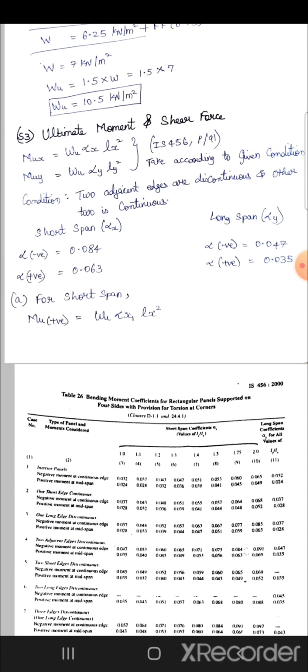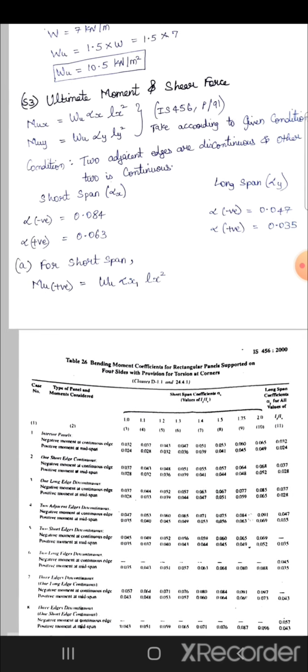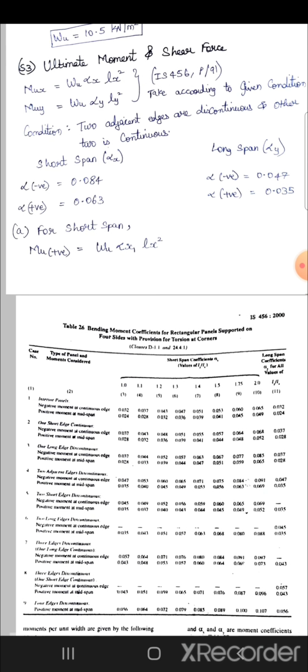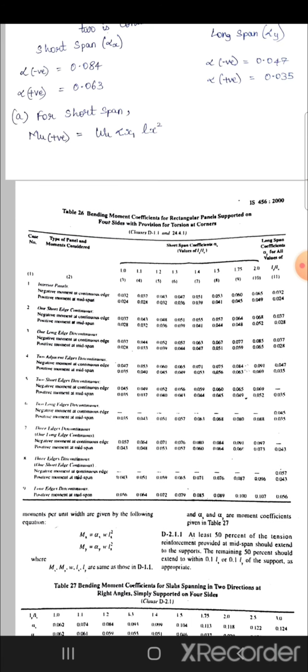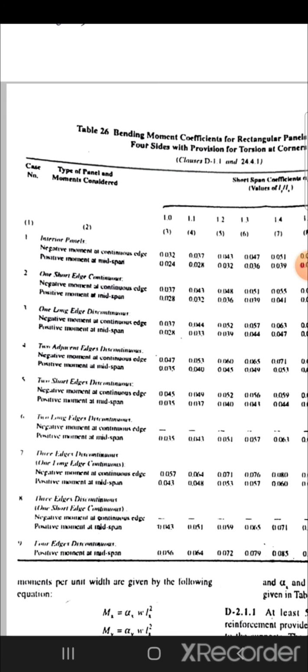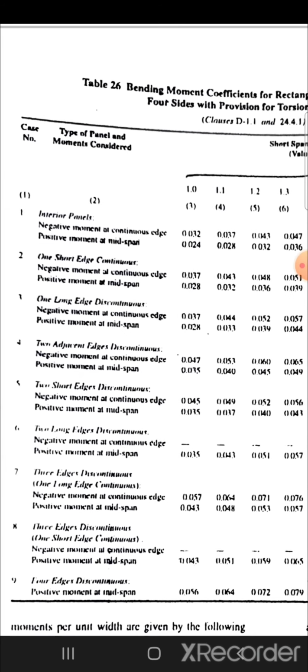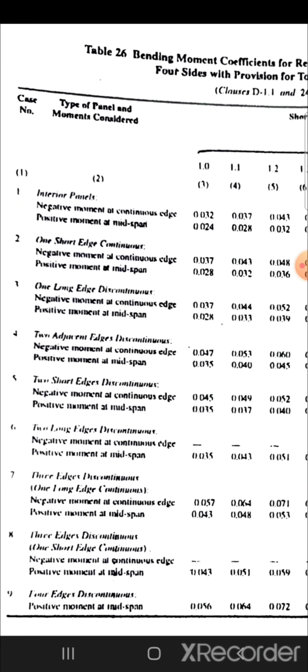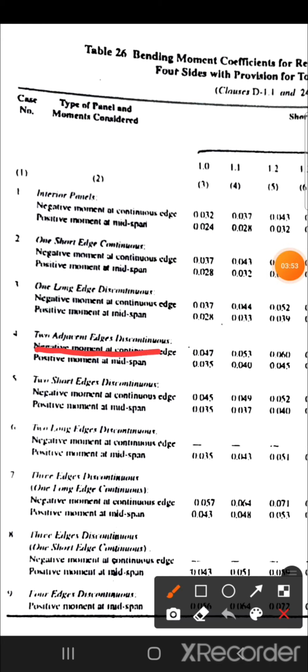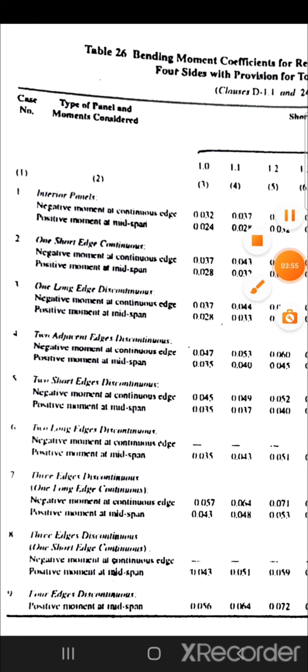Alpha x and alpha y values are taken according to the given condition. The condition is two adjacent edges are discontinuous and the other two are continuous. So here in IS 456 page number 91, they have provided a table. In this table, referring to the condition, here two adjacent edges are discontinuous. Here it is given. This is our condition given in the question.